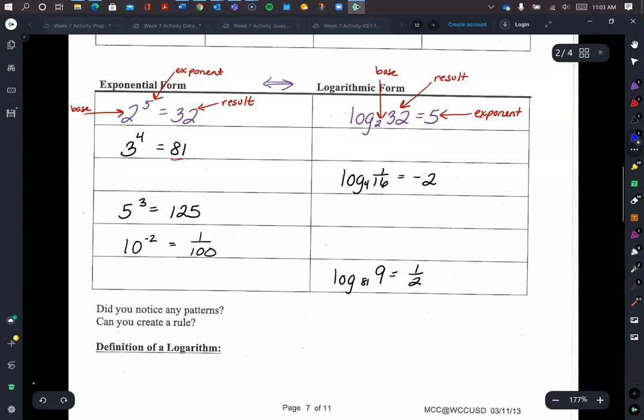So for this example, we have it given in exponential form. 3 to the 4th equals 81. So the first thing I'm going to do is write log. My base is 3. So log base 3 of whatever the result is over here, 81.